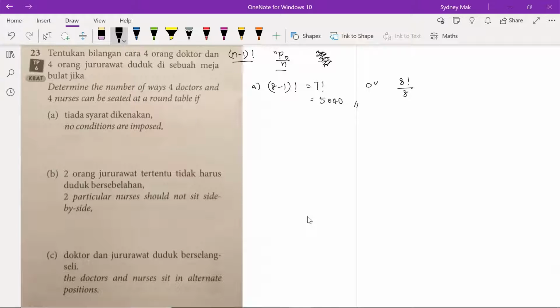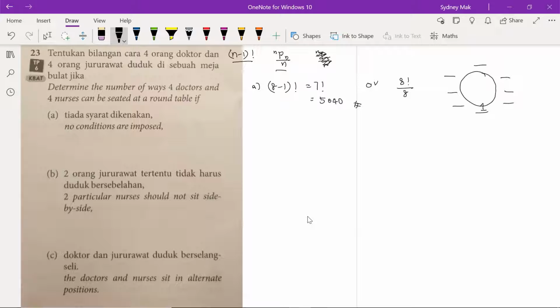5,040. Okay. If you prefer the illustration method, that means you sketch out in the diagram. So we have 8 seats here. 1, 2, 3, 4, 5, 6, 7, 8. Now the first person that takes a seat has only one way of sitting, because whichever seat he chooses, it seems to be the same for all, okay?